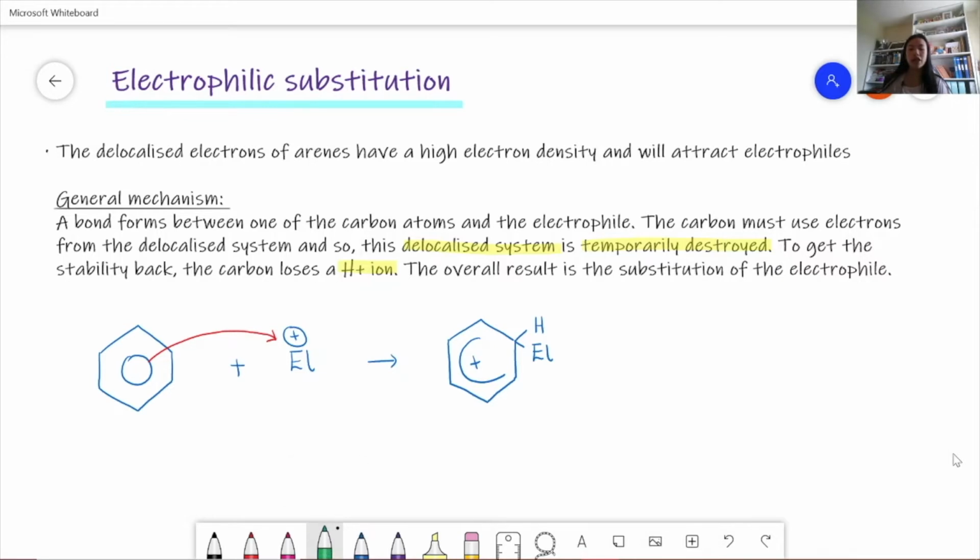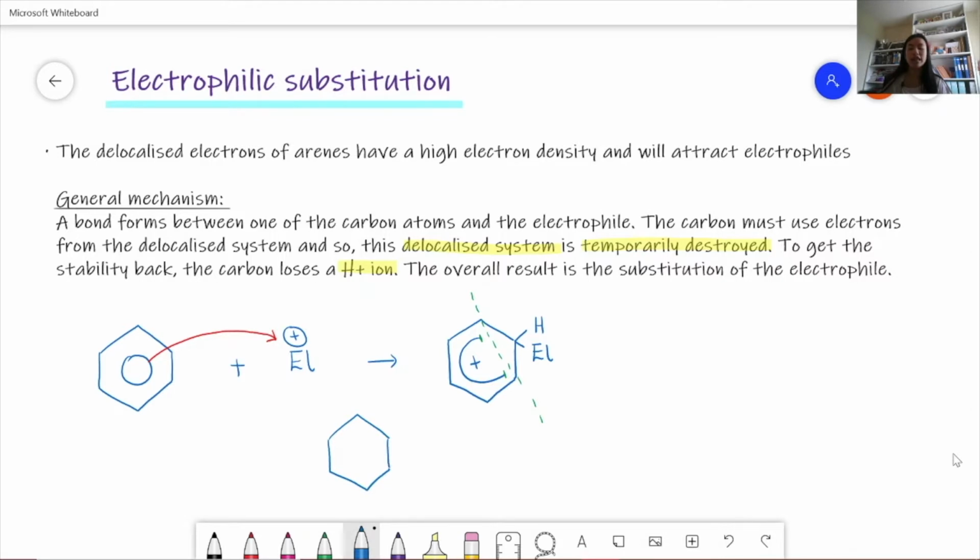And one rule that we need to know is that when we draw a dotted line here, how we've drawn this temporarily destroyed delocalized system, the two ends here and here can't exceed this green line. And so, for example, we could have a hexagon that looked like this.